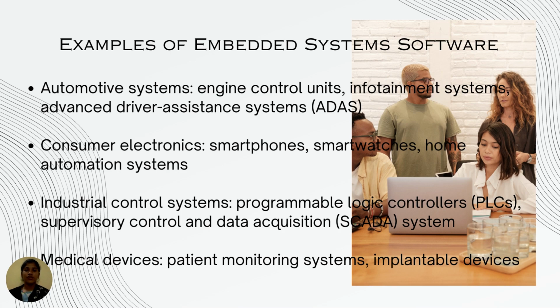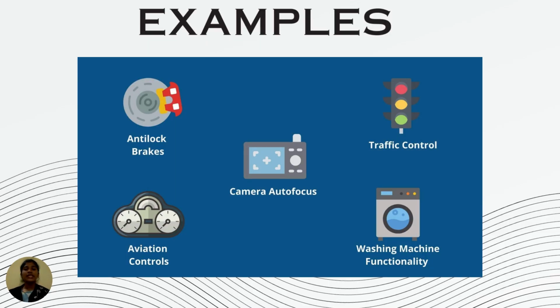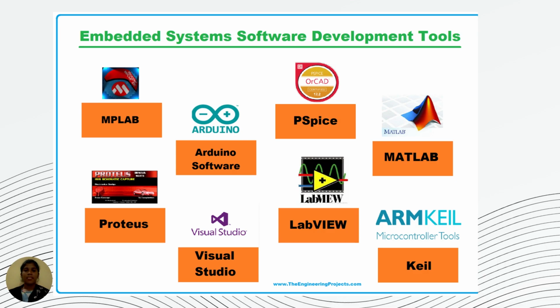Medical devices generally are patient monitoring systems, which monitor the heart rate and ECG, etc. So these are some of the examples that we see day to day in our routine, but we don't know what they are basically made up of. So washing machines, the functionality in a washing machine is run by software, traffic control which we see every day when we go out, camera autofocus, aviation controls, and anti-lock brakes.